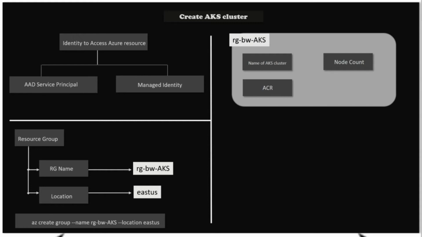Before that, you have to manually create an Azure service principal to give image pull access from your ACR, and that same service principal name should be added during cluster creation. Using that service principal, your cluster will pull the images from ACR and build the pods.